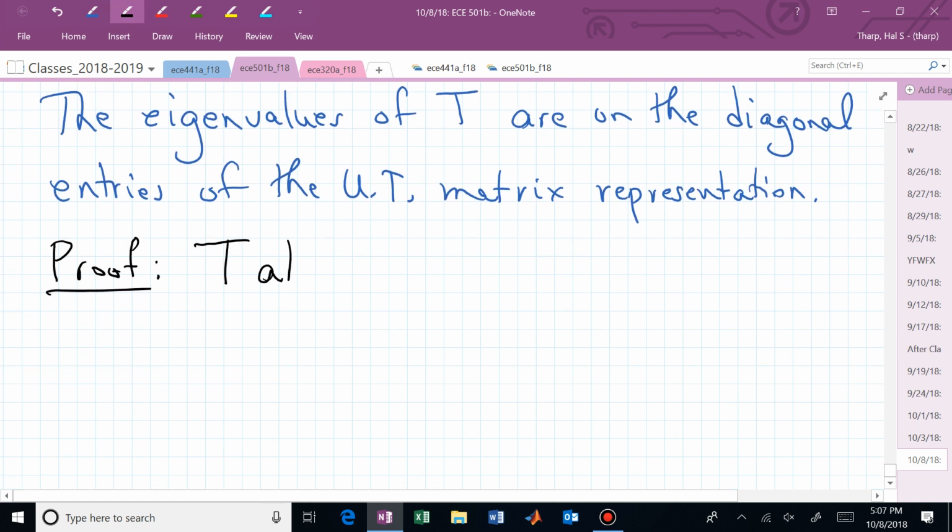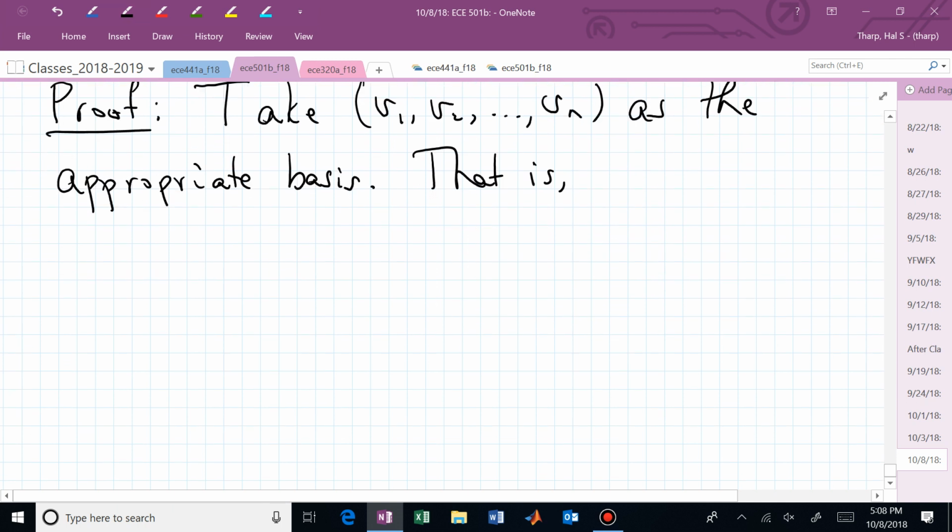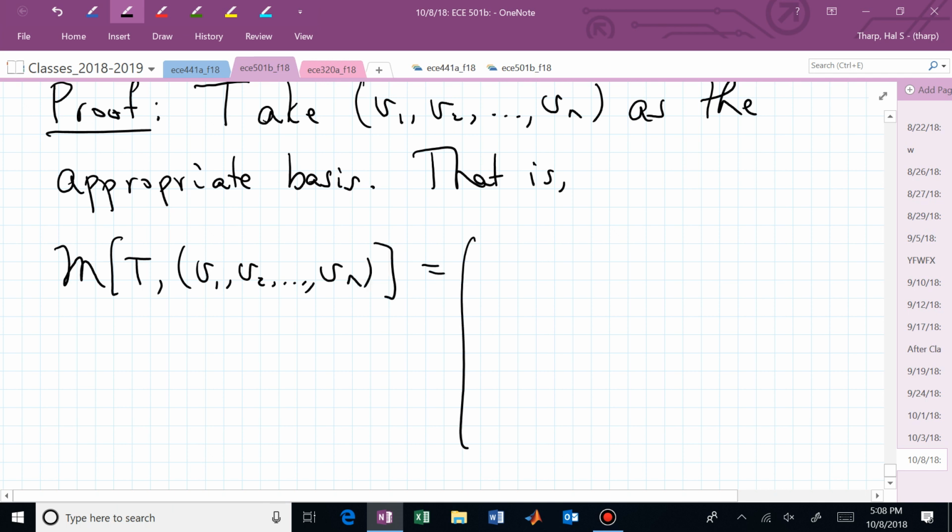Suppose we now take the following basis vectors, v1 through v sub n. Or, said another way, the matrix representation of T on that set of basis vectors, v1 through v sub n, is now upper triangular.